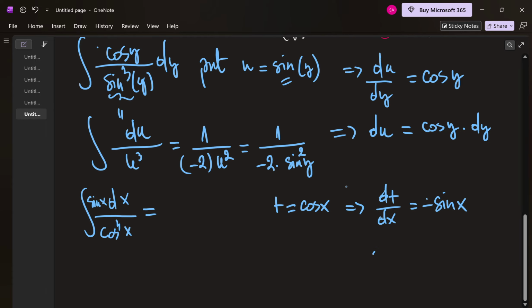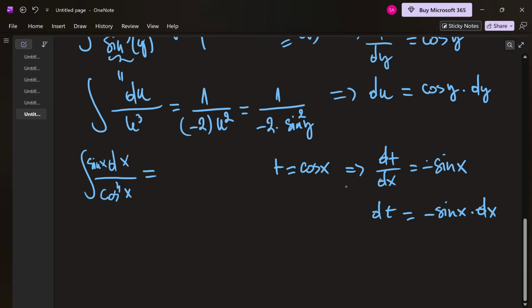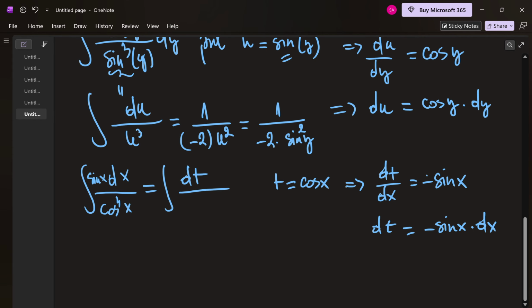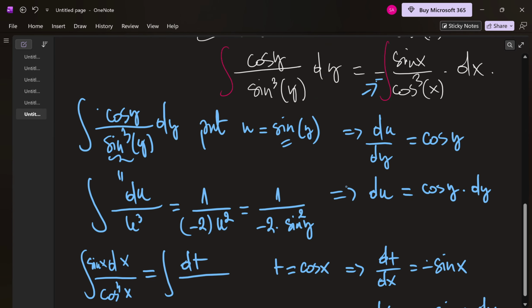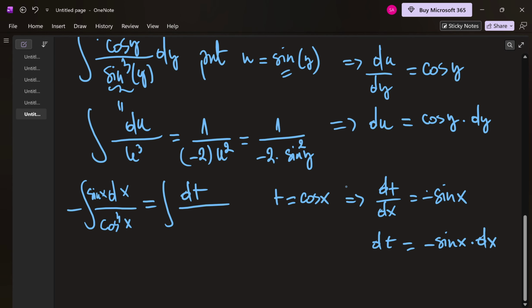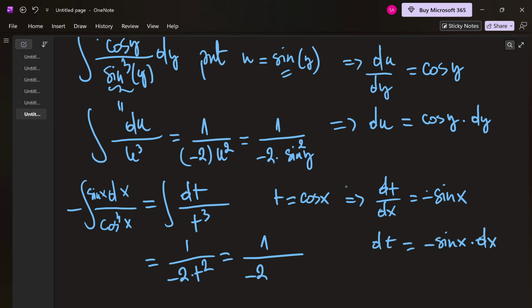Now dt is equal to minus sine x times dx. So this integral becomes the integral of dt over t to the power 3, remember we have a minus here, which is equal to 1 over minus 2 times t squared, and we return back to our first variable. It is minus 2 times cos x to the power 2.